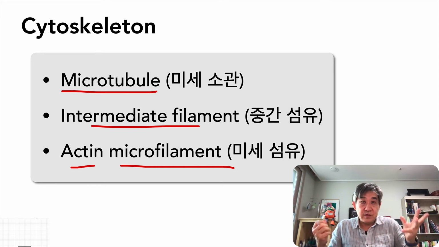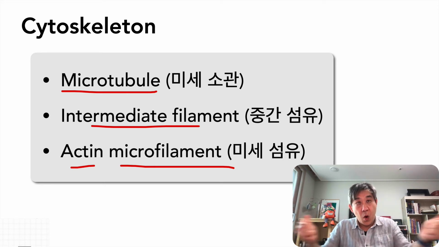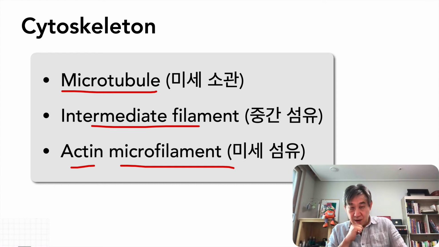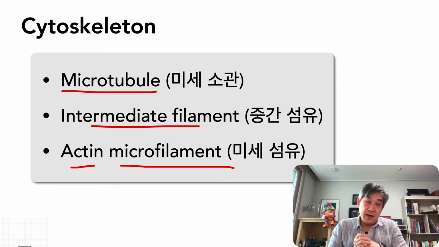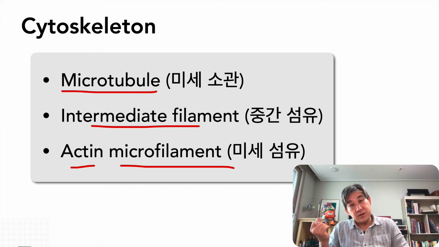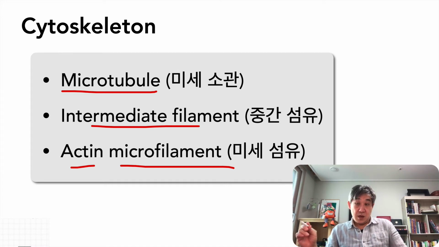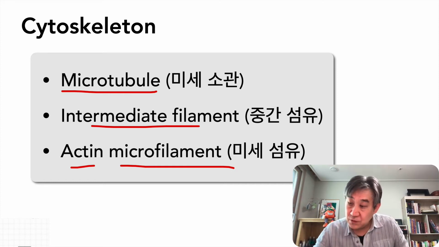And all these 3 different types of long proteins comprise a network-like system inside of the cell that provides many different functions. Another interesting thing about the cytoskeleton is that until very recently we thought cytoskeletons were a specific feature of eukaryotes only.